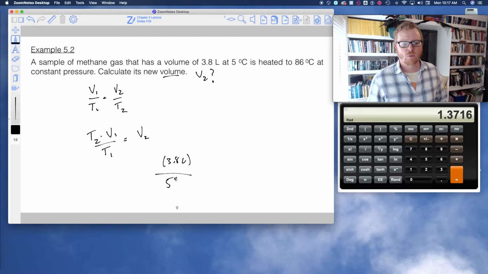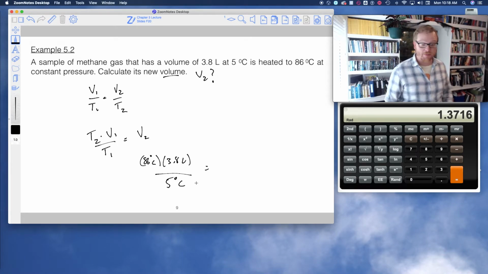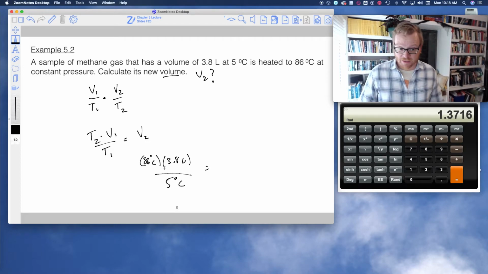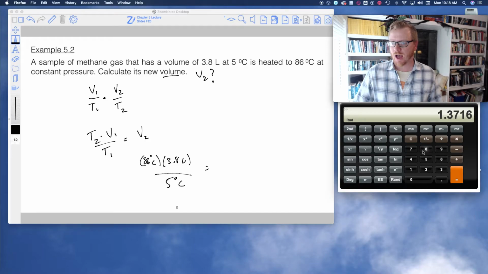T1 was 5 degrees Celsius. And T2 is 86 degrees Celsius. So you can see that's why it doesn't matter what units I use for temperature in this equation, because they cancel. So 86 divided by 5 equals, and then times 3.8.